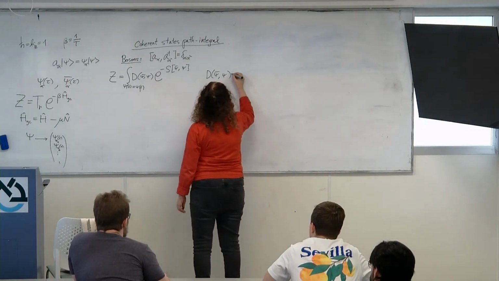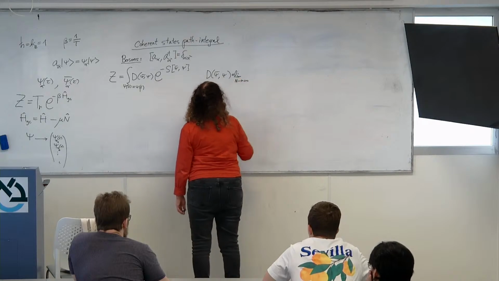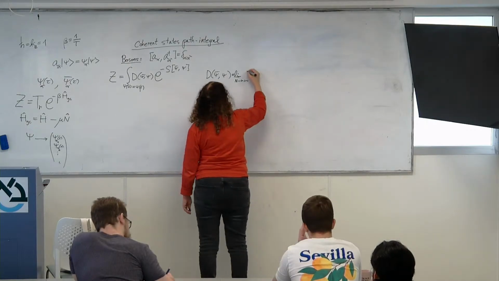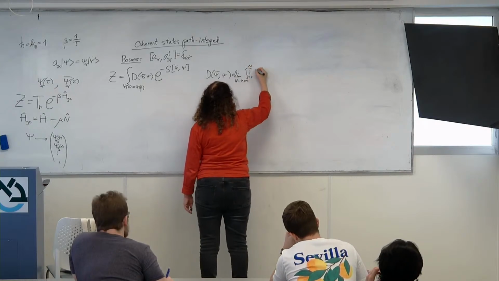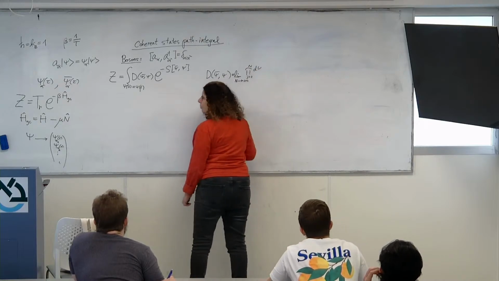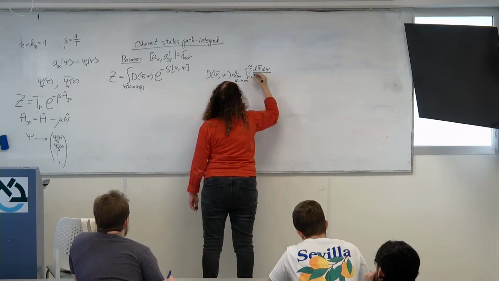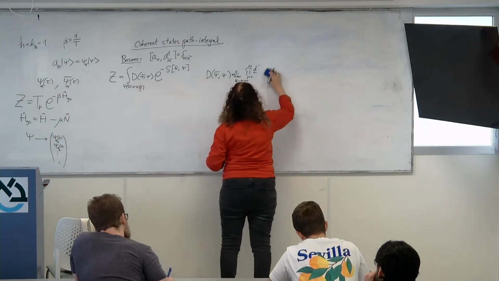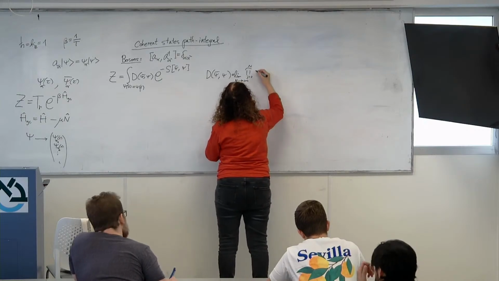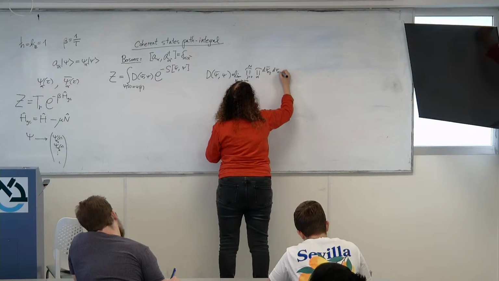Okay, so this D is defined mathematically as a limit when n goes to infinity of a product over j going from 0 to n, and a product over alpha of d psi alpha bar, d psi alpha over pi.